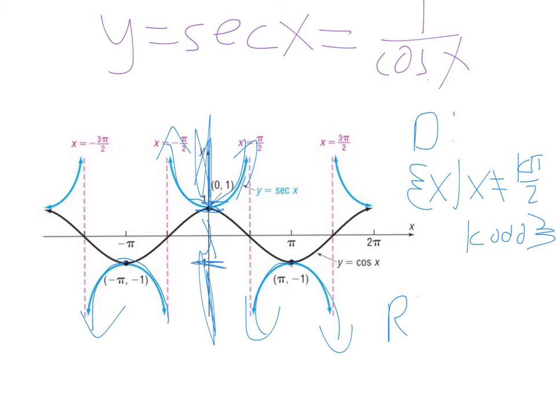And the range would be the set of all y values such that -1 is greater than or equal to y, because we have y values here that are less than -1, and on the upward facing branches, those would be all the values that are greater than or equal to +1. So that's the range for the secant. Likewise for the cosecant as well.